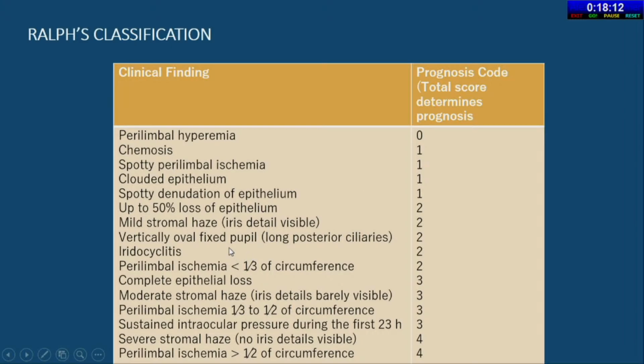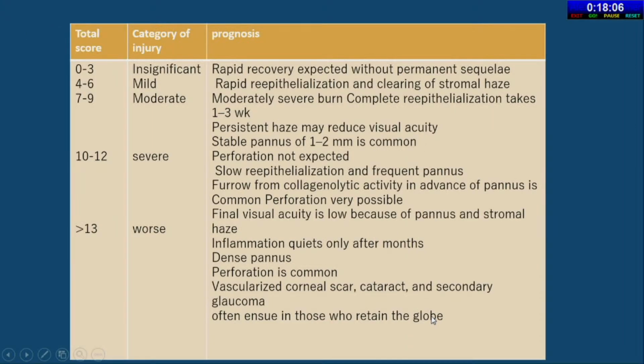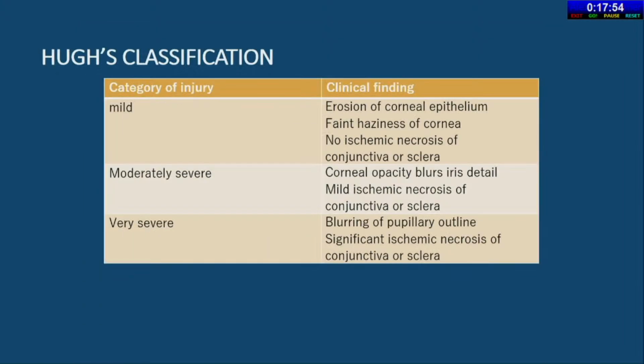The pupil, ischemia, epithelial loss, and intraocular pressure are given various scores here. A score of 0 to 3 is insignificant and heals very rapidly, 4 to 6 is mild, 7 to 9 is moderate, 10 to 12 is severe, and more than 13 is worse.